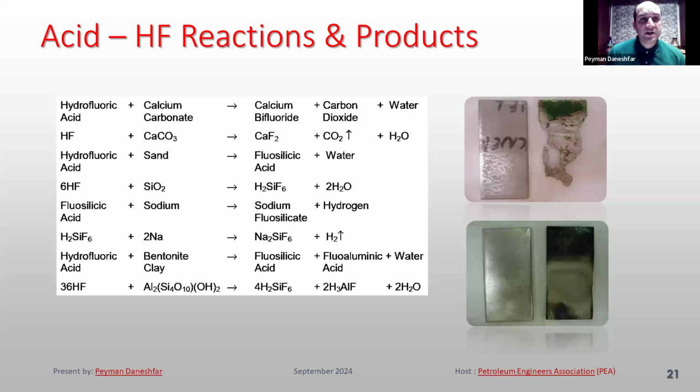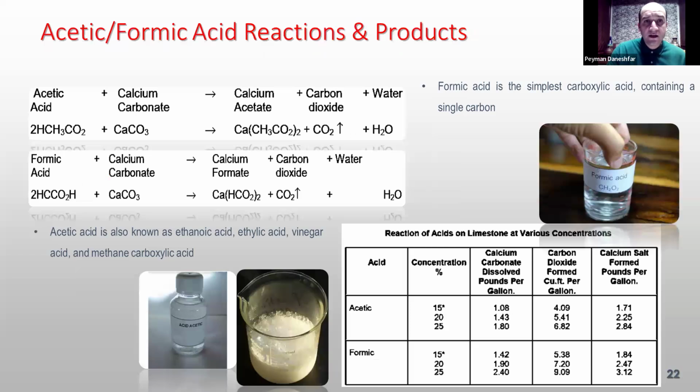When our hydrofluoric acid reacts with the sand, you can see that fluosilicic acid forms with the water. This step, keep it in your mind and see the next slides about the reactions. The acetic or the formic acid is also like the HCl, you can see that it gives calcium acetate, carbon dioxide, and water.